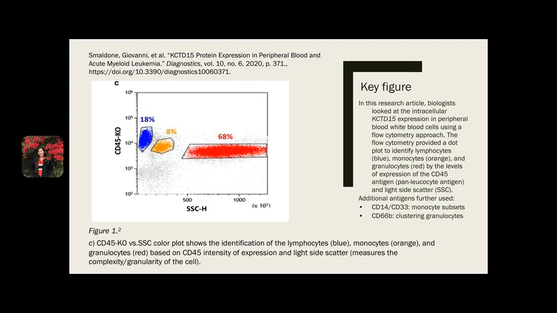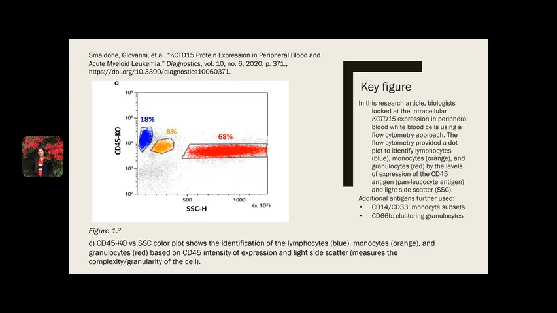These cells display similarities and differences in expression of specific cell surface receptors, such as CD45, which is a common pan-leukocyte antigen. In this figure, 1C, the CD45 and side scatter color plot shows the identification of the lymphocytes, the monocytes, and the granulocytes based on their CD45 intensity of expression and light side scatter.